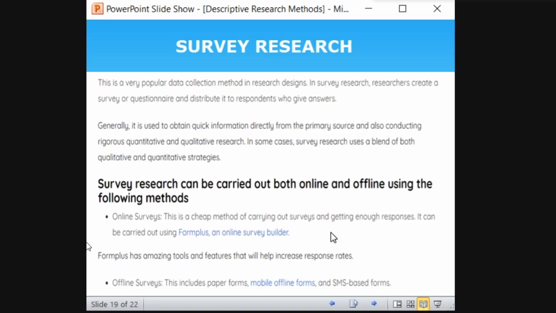Formplus is a company with some amazing tools which will improve online surveys. Offline surveys are printed. You type the questions on paper, take a printout, give it to the person in hand, and ask them to fill it out. So that is printed, right?